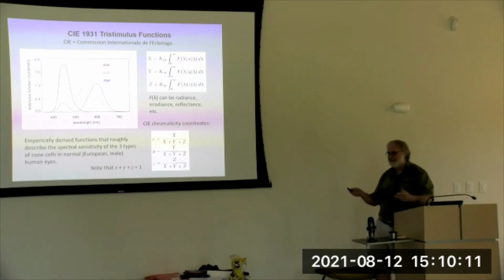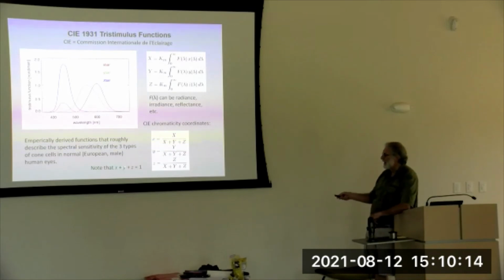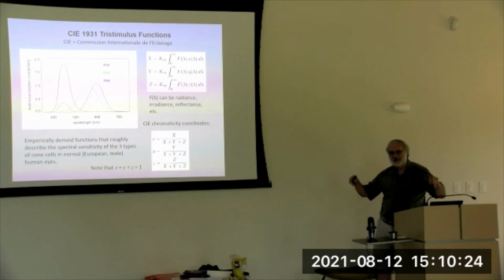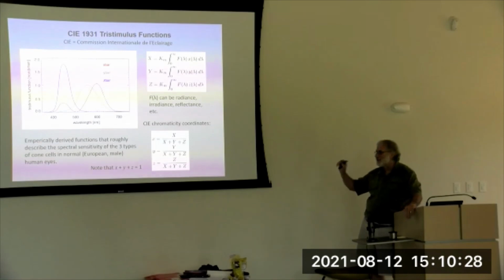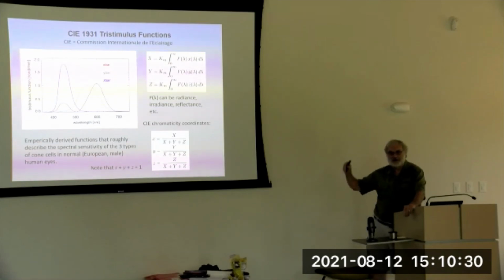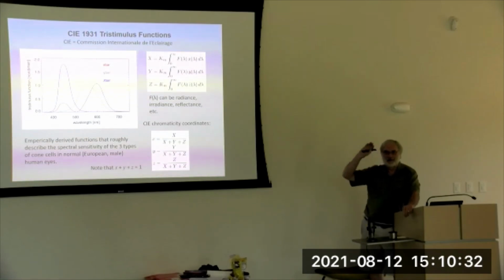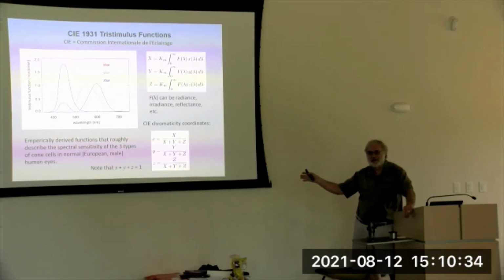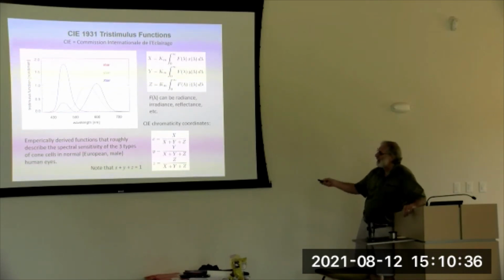So by convention we say, let's plot the x and y values here, and if I wanted z, I can get it. And I might add, these are for the normal white European male guys that they did all the experiments on. And of course, this was done back in the 1930s. So women and, you know, Chinese and whatever, they didn't count them. But they probably have about the same.